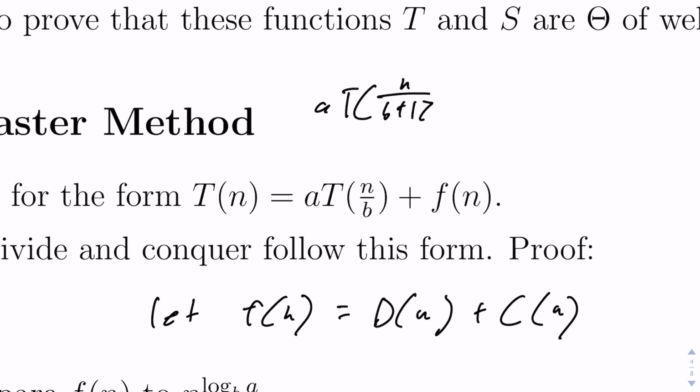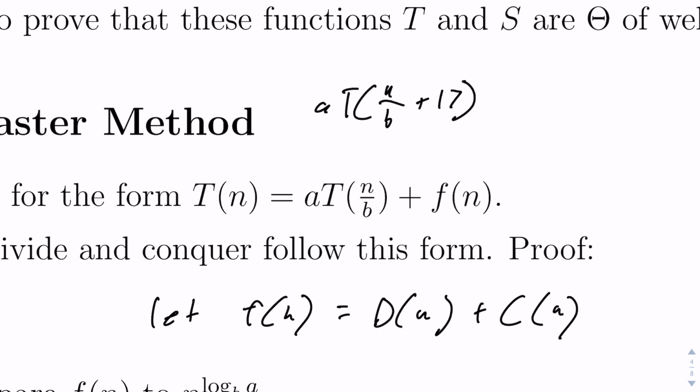Outside the fraction, sorry. Technically, this breaks the master method. Now we don't have a constant divisor here. But we'll learn some other techniques later to get around problems like this. But for now, this does break the master method.